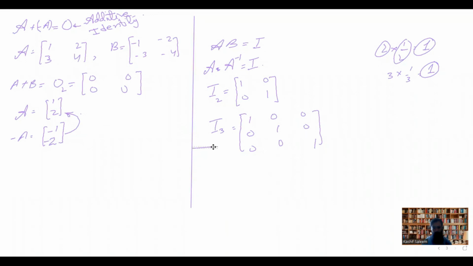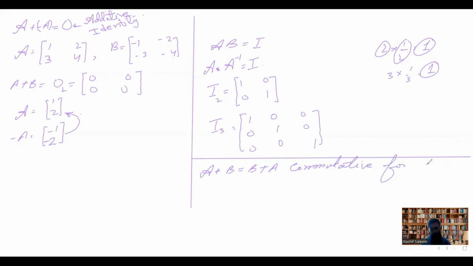I have already defined the commutative property here. So, what is the commutative property? If you add A and B, then A plus B should be equal to B plus A. This is the commutative property for addition, or with respect to addition.